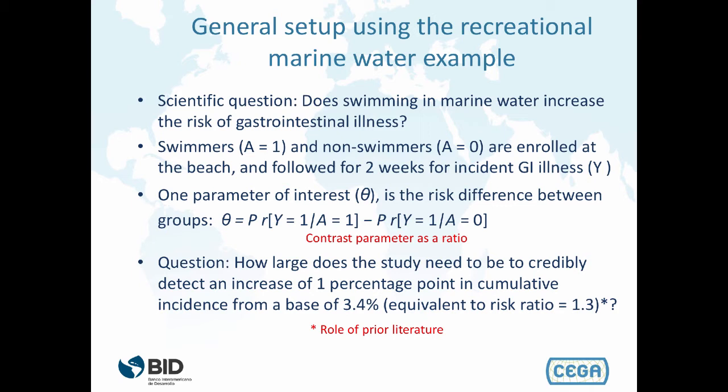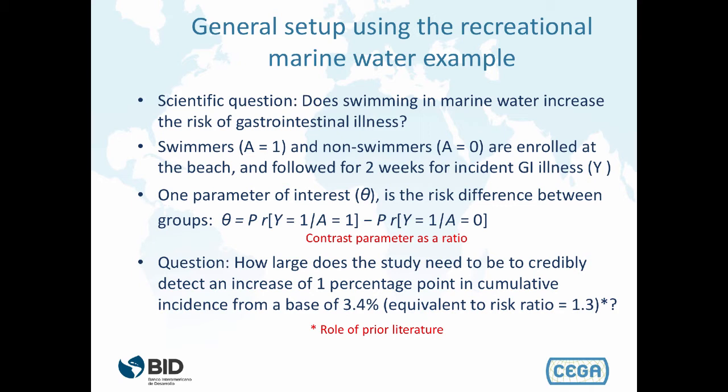So in this case, it equals the difference in the probability that the group of swimmers has a GI minus the probability that the non-swimmers had GI. That difference is what we're interested in estimating.